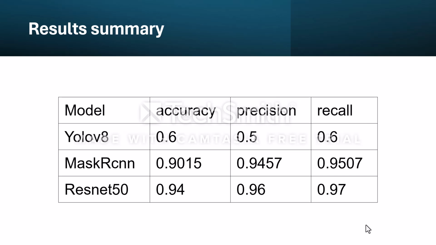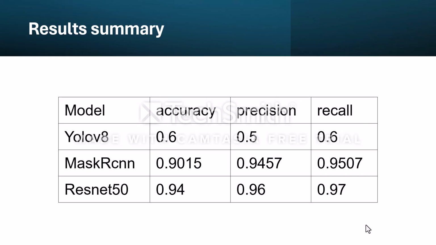So Mask RCNN showed also a very high accuracy of 90%, which is not that far from the one of ResNet 50. And then we have YOLO V8, which showed accuracy metrics that are very low compared to Mask RCNN. It showed an accuracy of 60%, precision of 50%, and a recall of 60%.